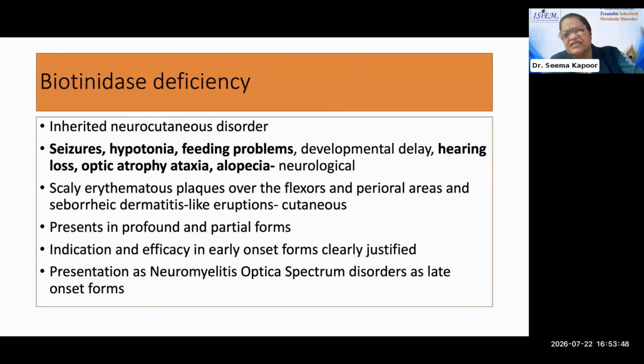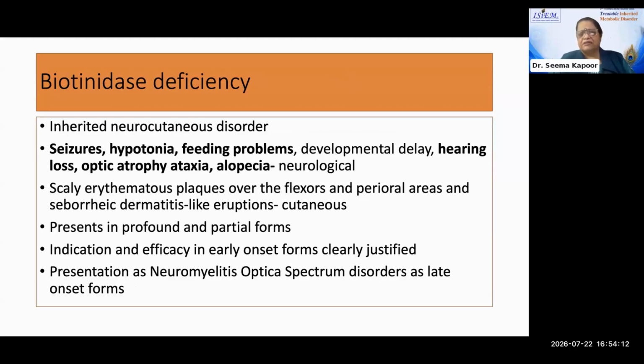They present with this classical phenotype. You give them levetiracetam, phenobarbital, second line drugs, they don't respond. The moment you start biotin, the EEG becomes perfectly normal. The hair starts regrowing. The tone improves. Feeding problems go away.